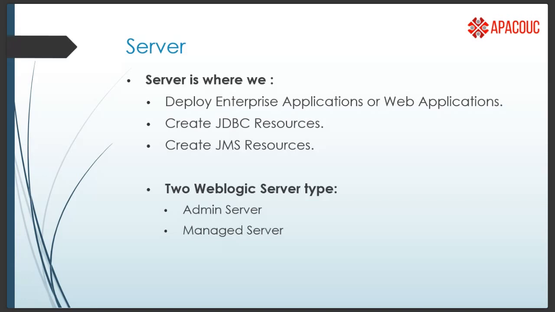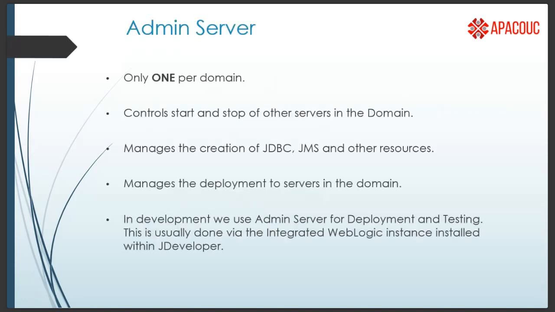The administration server is a central configuration controller for the entire domain. So I control the domain itself using the administration server. What else can I do with the admin server? I can host the administration console.